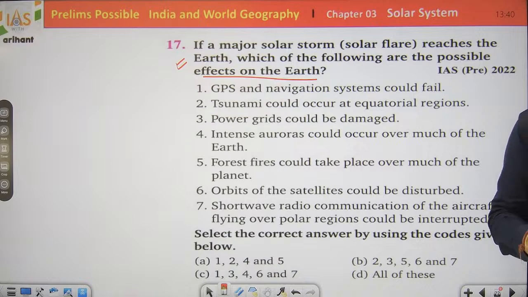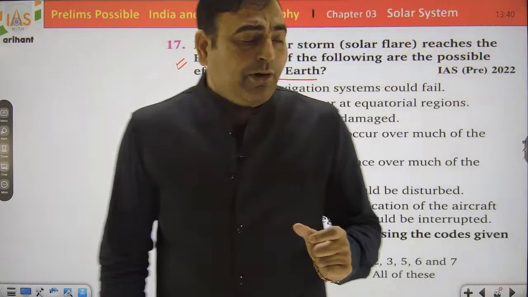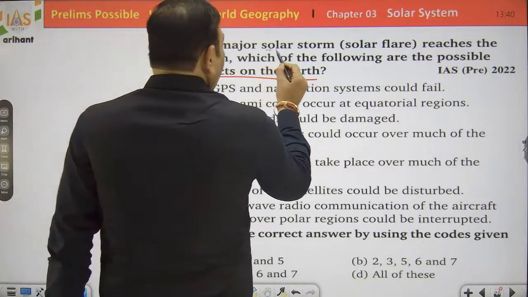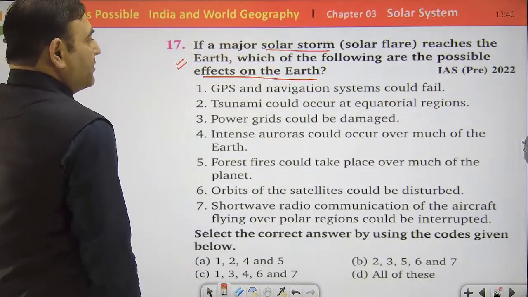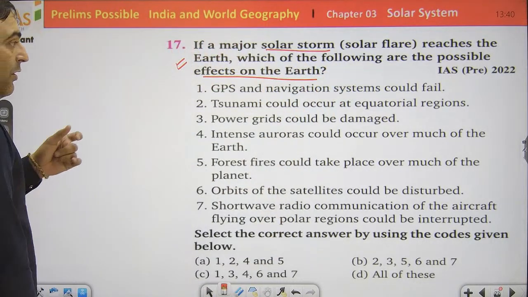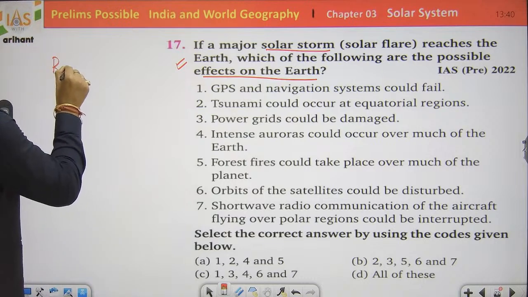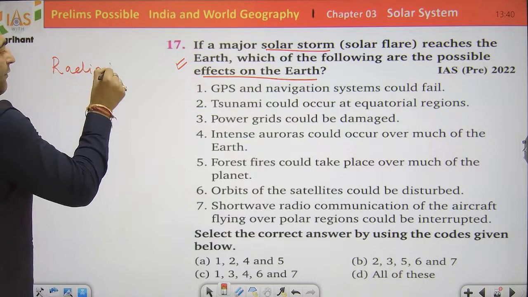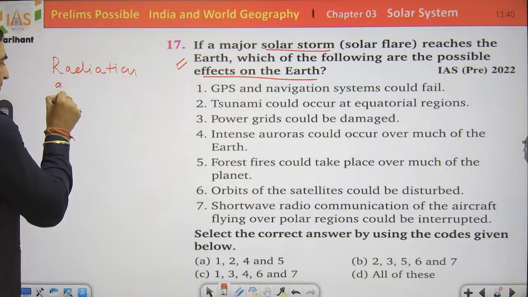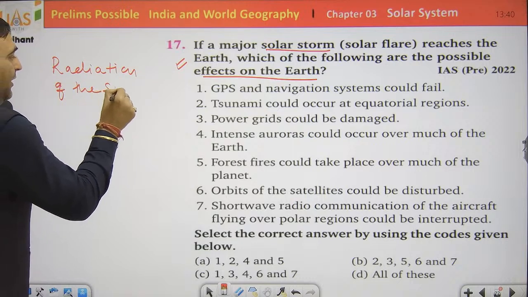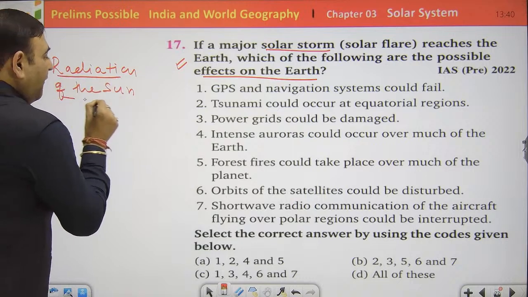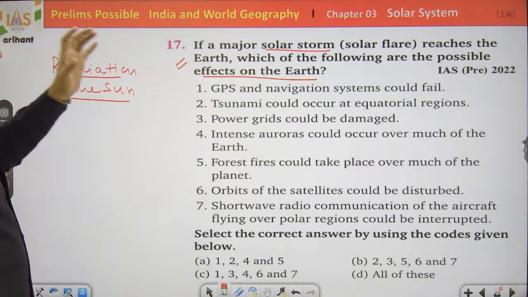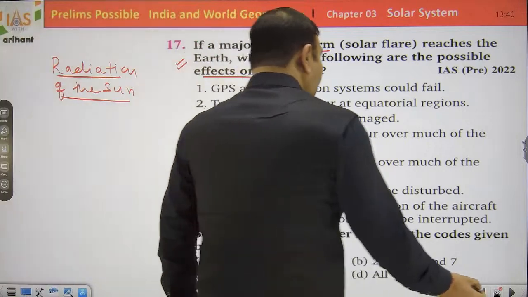Clear, everyone? So let's start. When I'm talking about solar storms, a solar storm or solar flare is because of the radiation of the sun. Let us see the figure once.